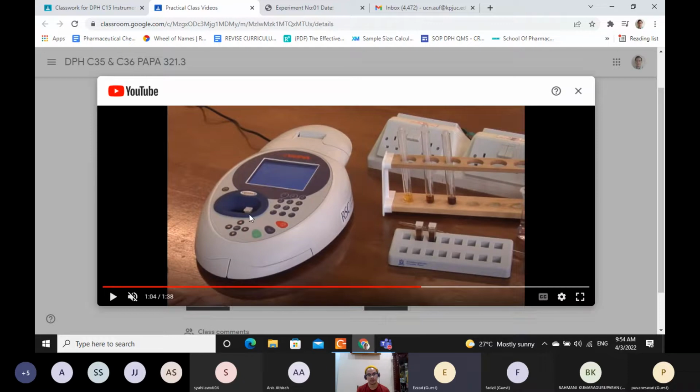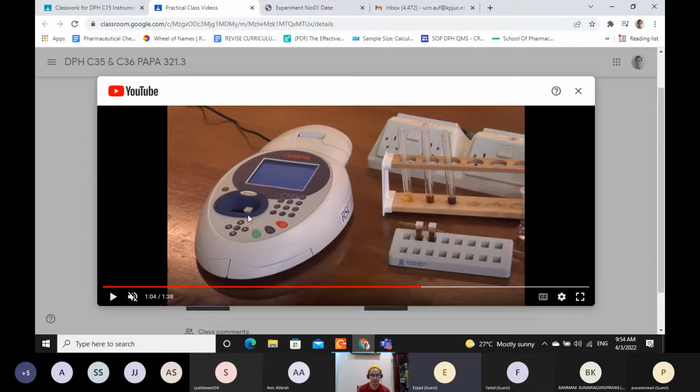So basically dekat somewhere around this cuvette ada satu macam lampu sumber cahaya. So a radiation of light akan dipancarkan through our cuvette, menembusi our cuvette so that the solution can absorb some of the light.